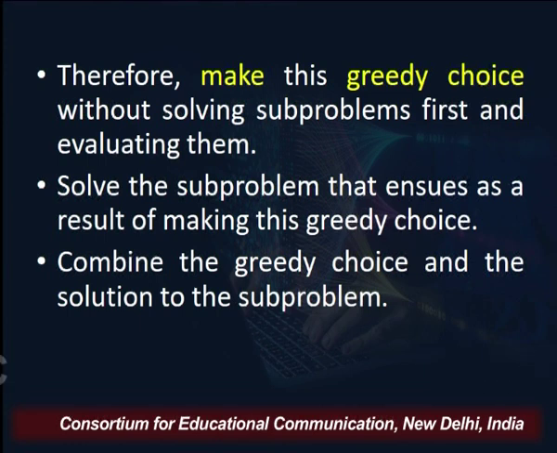So, the greedy choice we need to make without going into the solution of the subproblem first, without going into evaluation of those subproblems. First of all, we need to make the greedy choice.